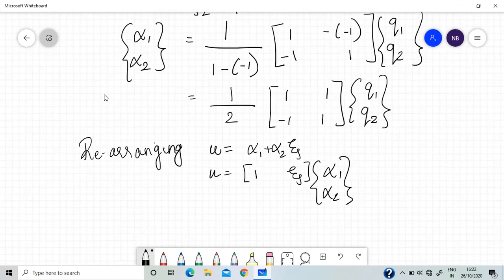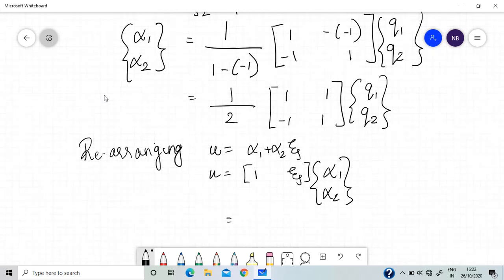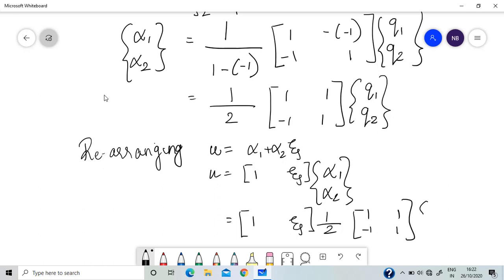We know what alpha 1 and alpha 2 are, so let us substitute them in this equation. So it is half into the square matrix into the q1 q2 vector.